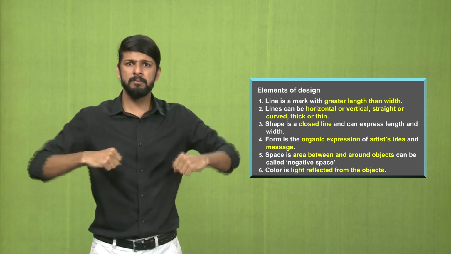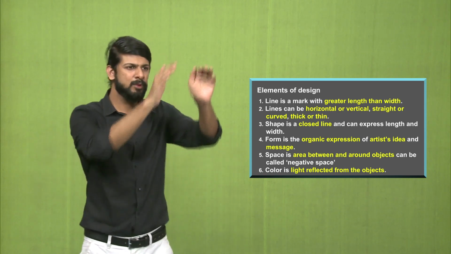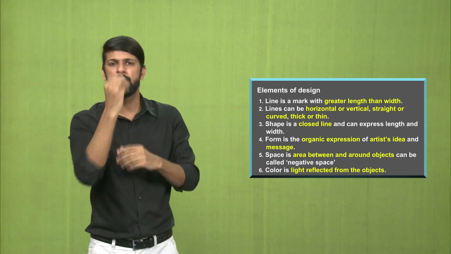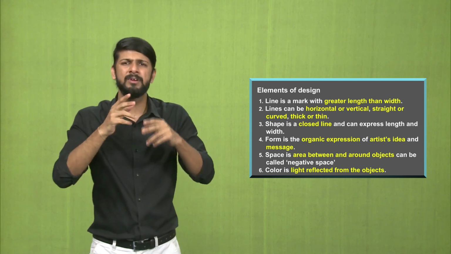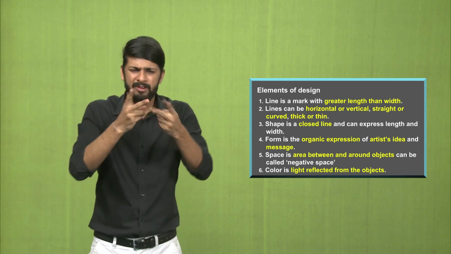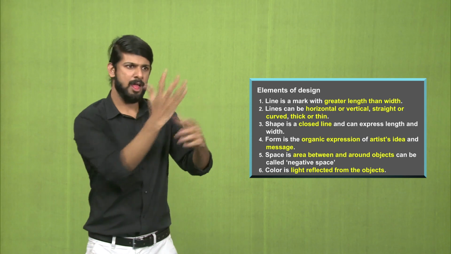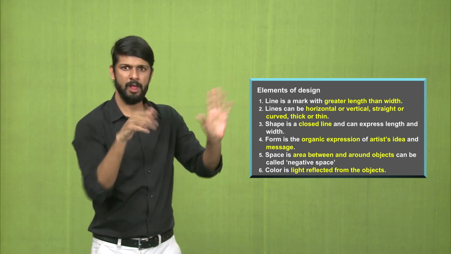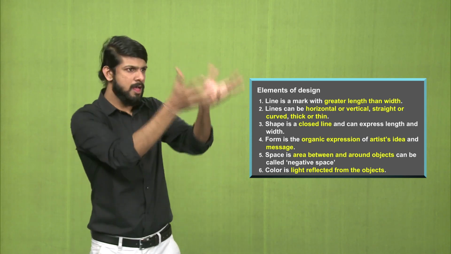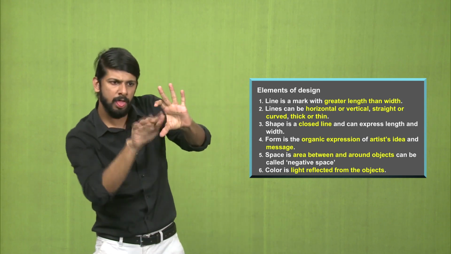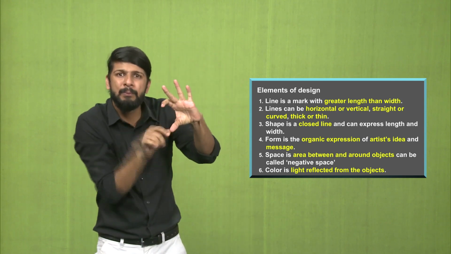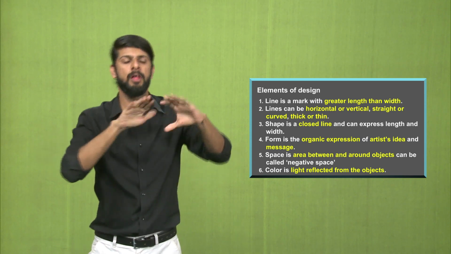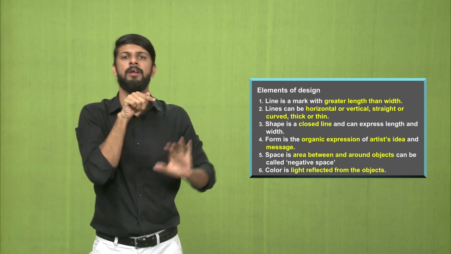Then we have space. Space is the area between and around objects. So, in a still life painting, if you have the fruits, you have a triangular shaped object. In between these objects, there would be space, which is called the negative space.